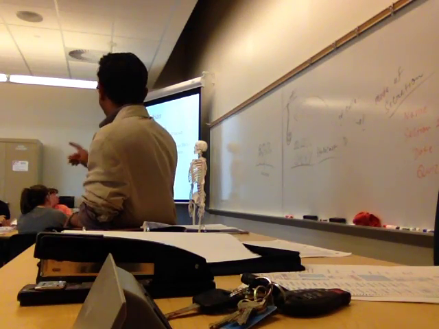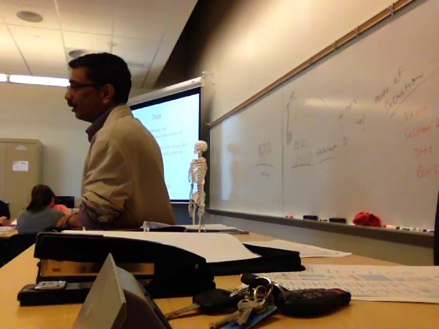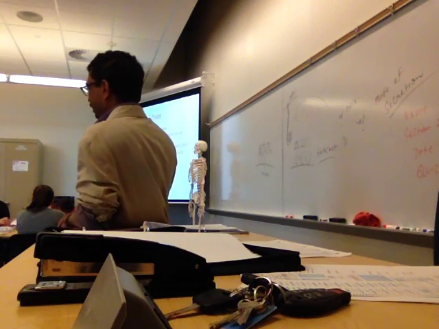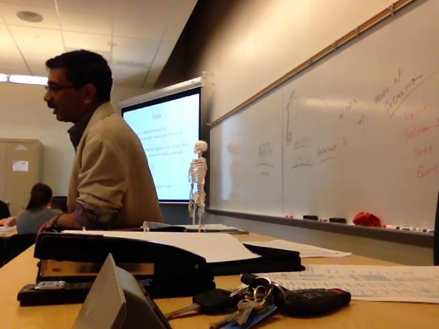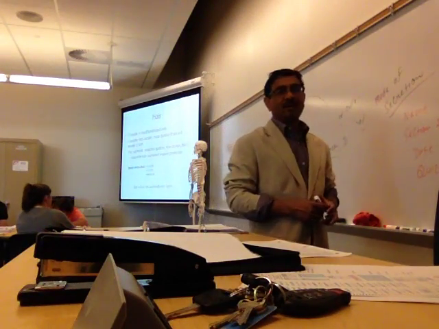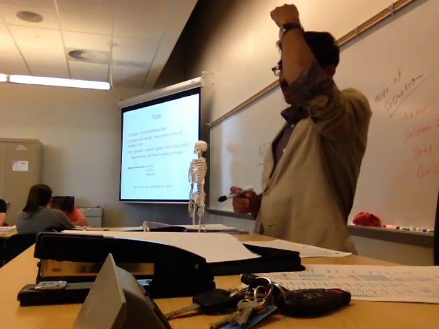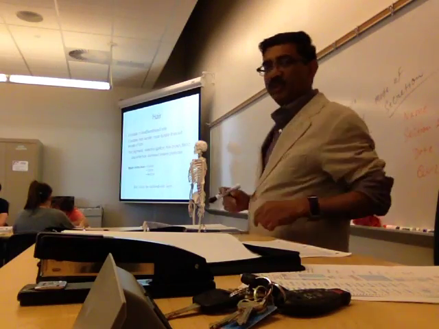The outermost layer is called the cuticle. Then the middle structure is the cortex, and the innermost structure is the medulla. So cuticle, cortex, and medulla. Remember, we are talking about only the shaft part of the hair. If you cut this hair, you can see those 3 structures.